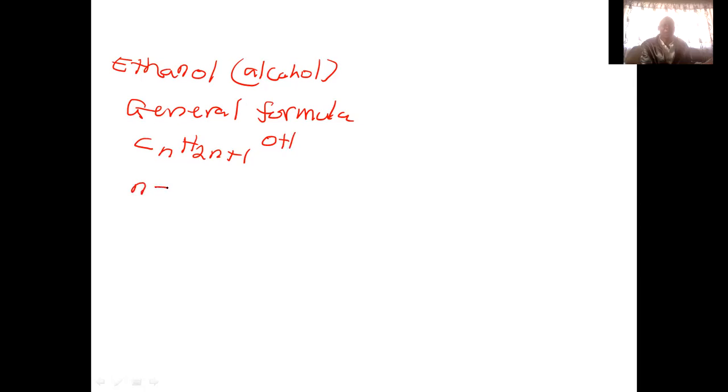Here n is equal to 2 because ethanol means that there should be 2 carbon atoms in that compound.